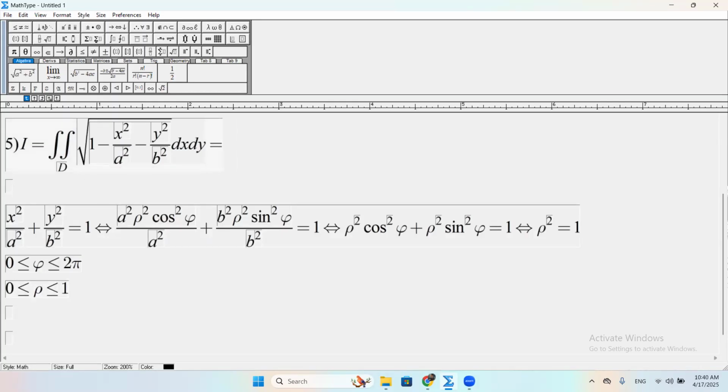So now we can transfer to generic polar coordinates. So from 0 to 1, and now let's modify these values.